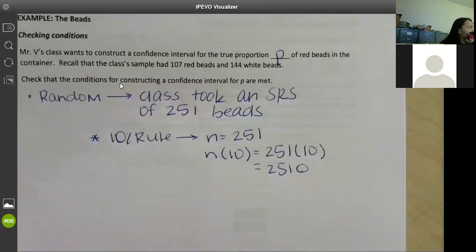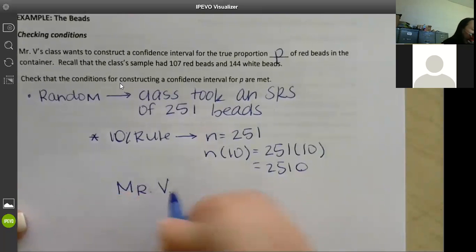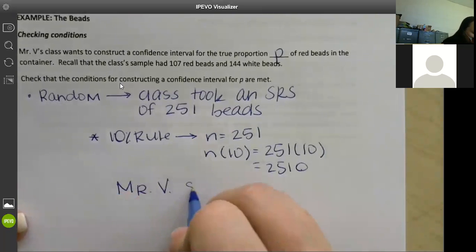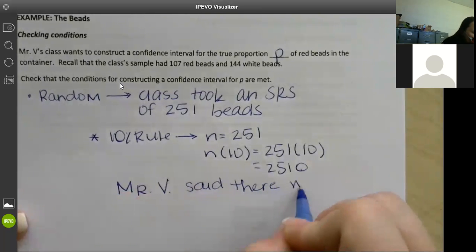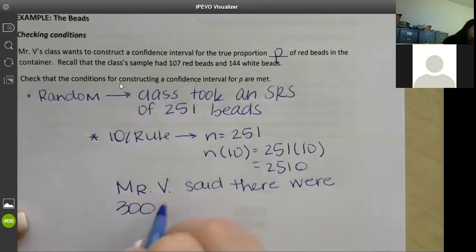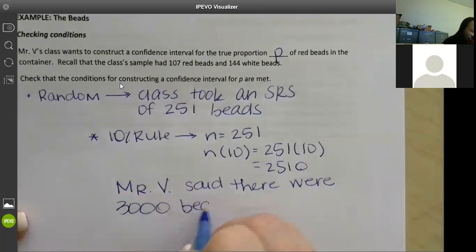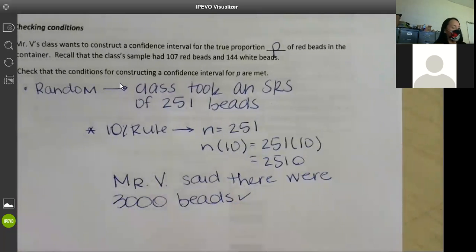And in the problem, again, because I didn't read it to you, I'll let you know when you go back and read it if you want to. Mr. V said there were 3,000 beads. So are we okay? Yes. So the 10% is fine. That is less than the population.